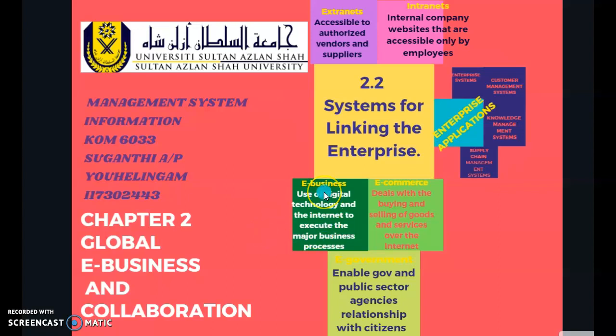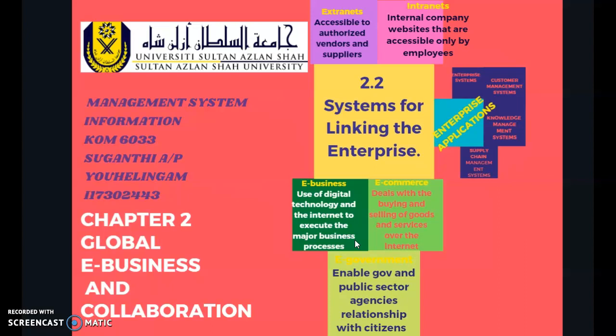Okay, the next systems for linking the enterprise are, as we all know well, these three: e-business, e-commerce, and e-government. E-business is the use of digital technology and the internet to execute the major business processes.